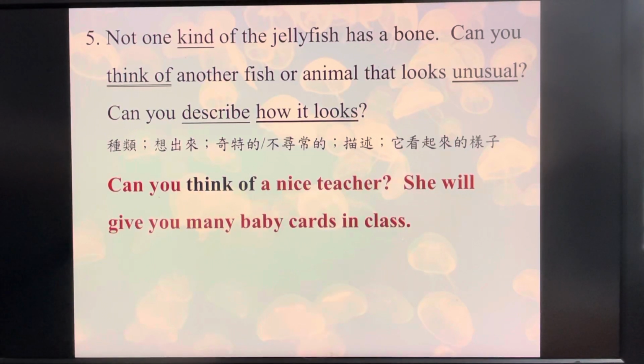Can you think of a nice teacher? She will give you many baby cards in class. So in your homework, you can write 2 sentences. 用2个句子来表示 think of 的用法。Or you can put the 2 sentences into one.